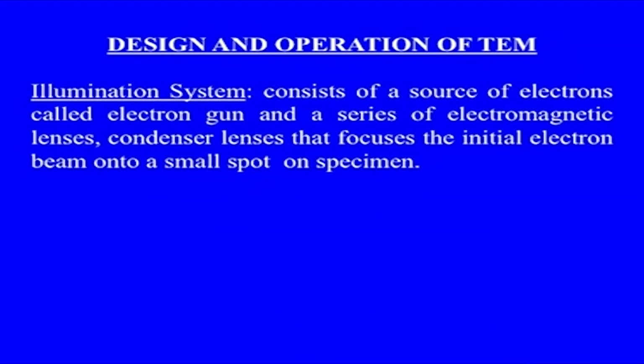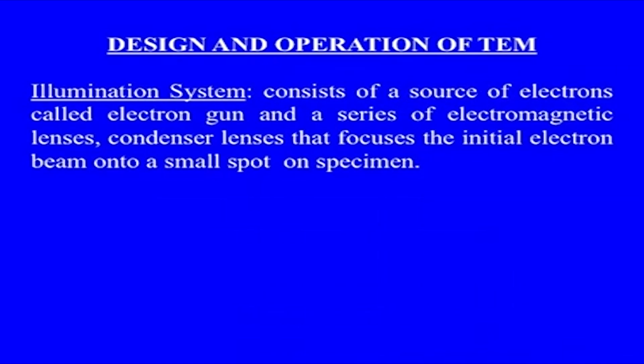Now, let us get into the design and operation of transmission electron microscopes. Like we were discussing different components, let us discuss them a little bit in detail. The illumination system, like I said, consists of a source of electrons called the electron gun and a series of electromagnetic lenses.